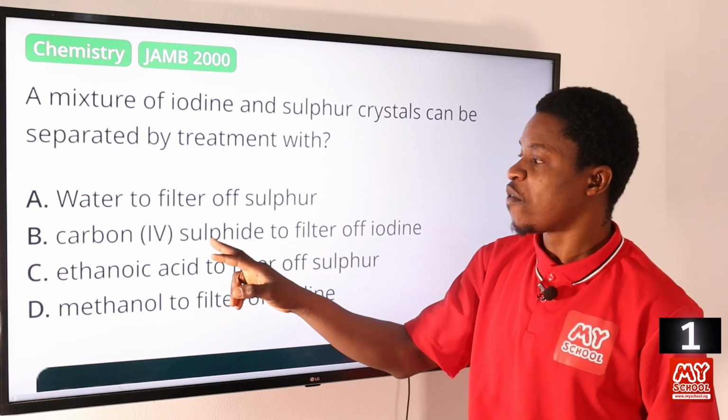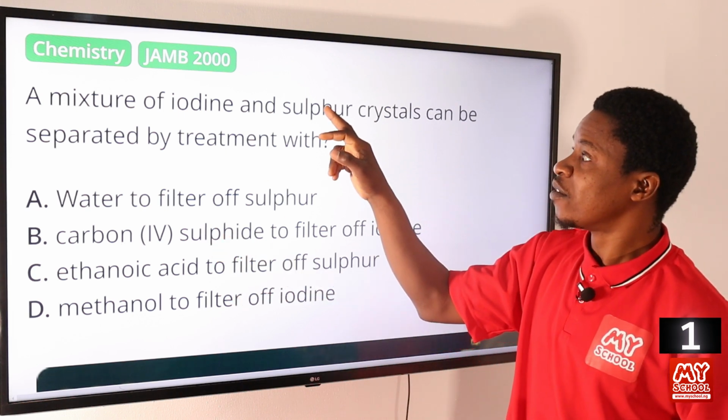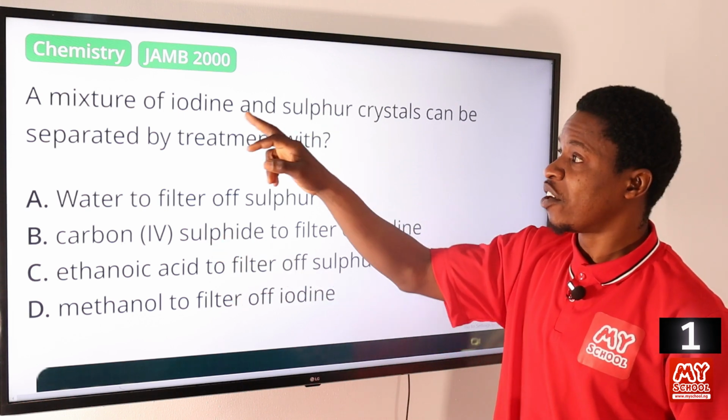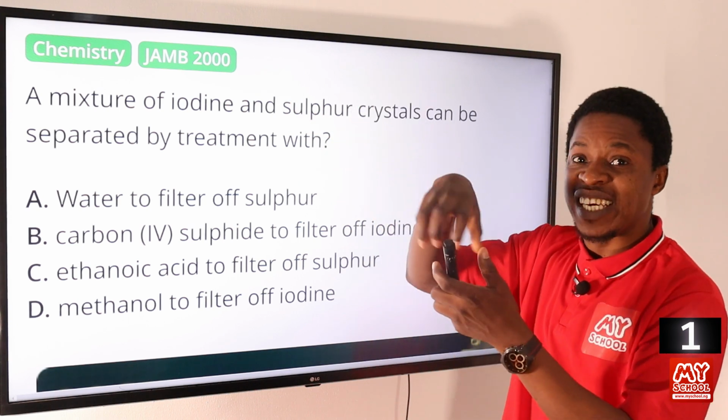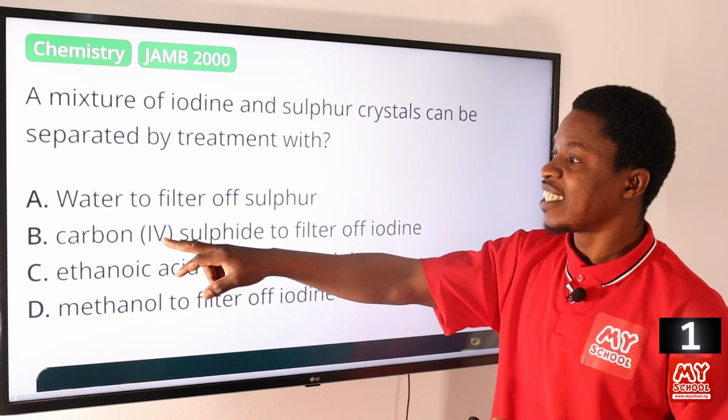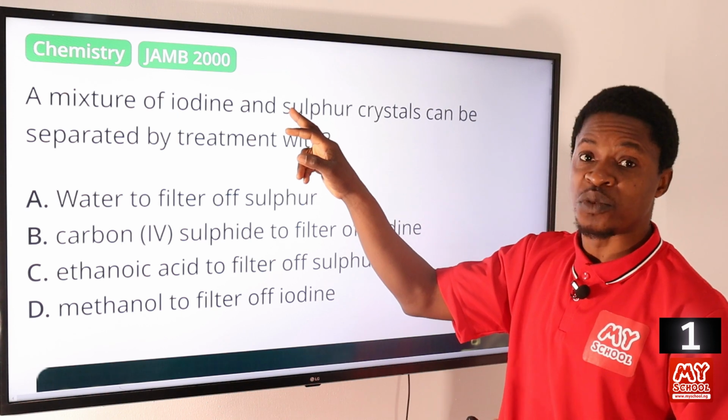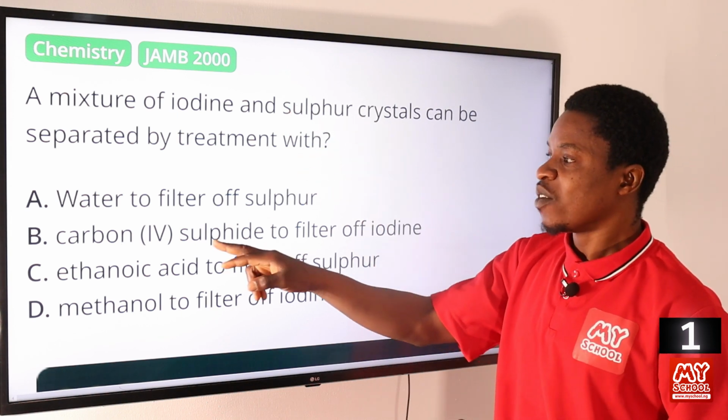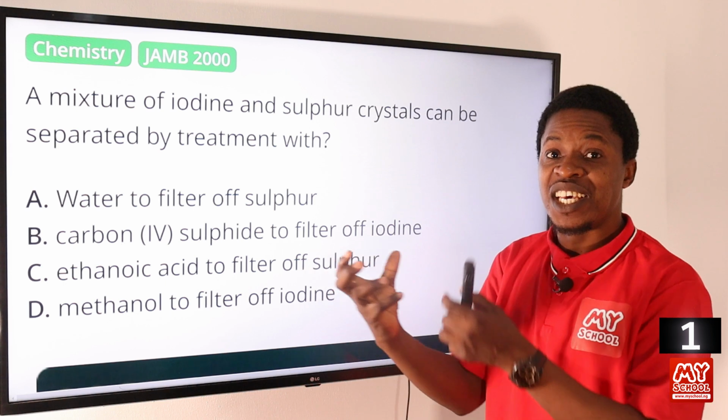So carbon 4 sulfide will dissolve sulfur, okay, because we have iodine and sulfur crystals in the mixture. So when you add carbon 4 sulfide into this, the sulfur crystals will dissolve into this and then you can filter.